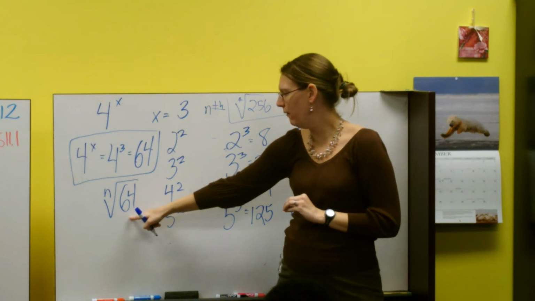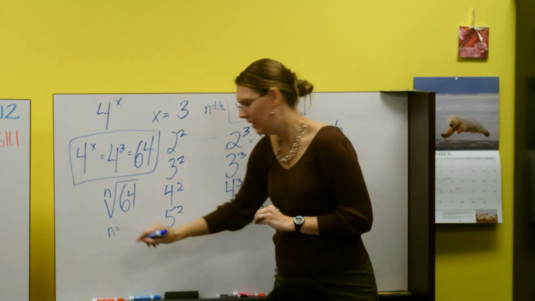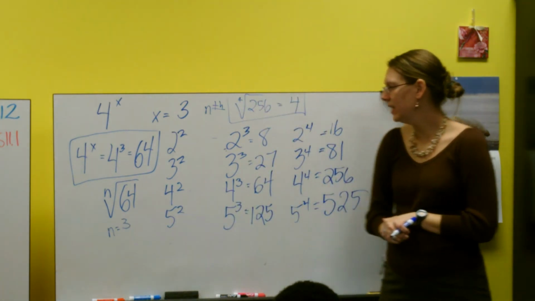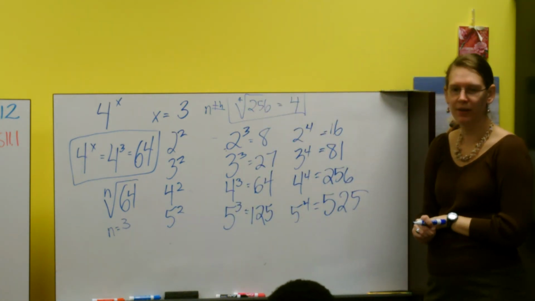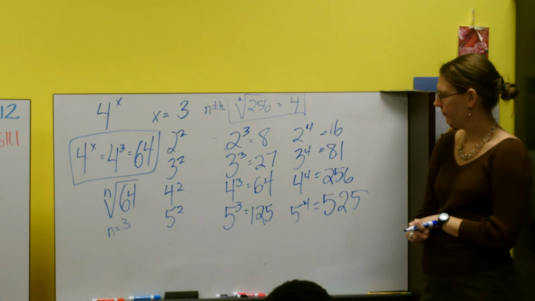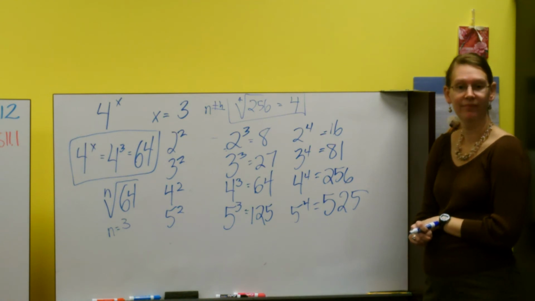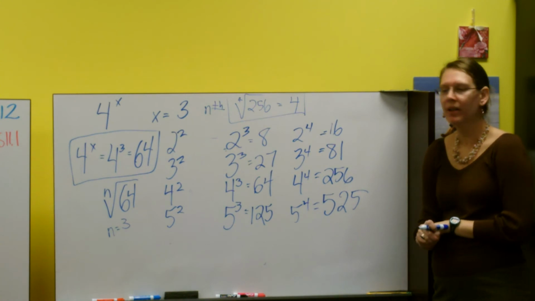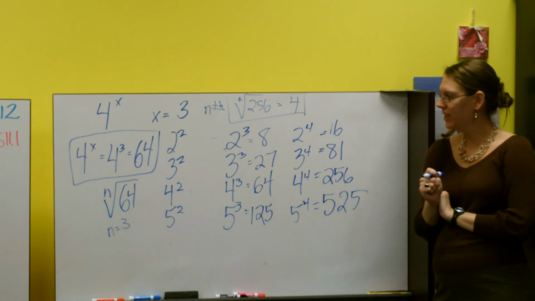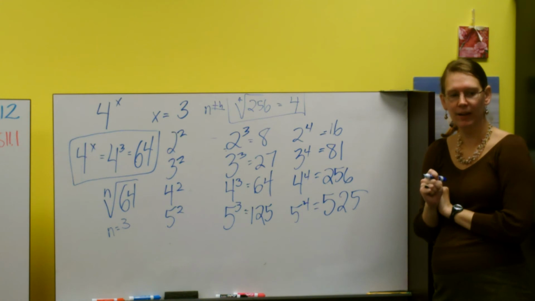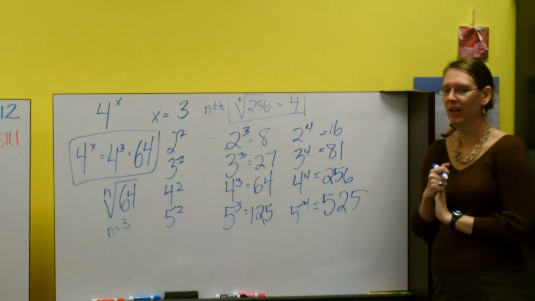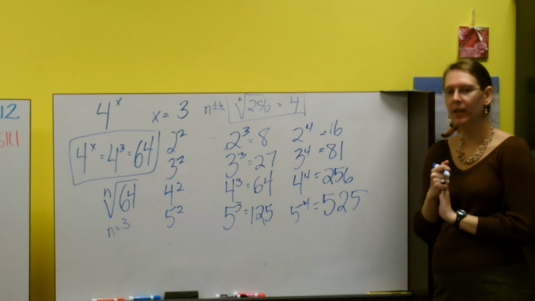The nth root of 64, if n equals 3. So what is the nth root of 64 if n equals 3? It looks hard, but it's not, once you know what they mean, right? If n equals 3 and it's 64, then it's 4.